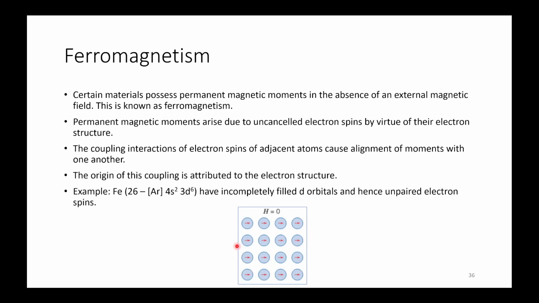On the screen you are seeing this square, right? Yes, madam. This is, for example, a plane on your FCC. FCC has a lot of planes; you can consider one plane. This entire plane will be a square, and its area is a square. These atoms are covering this area, the cross-section area of these atoms. This area divided by the entire area of this plane will be your planar density.